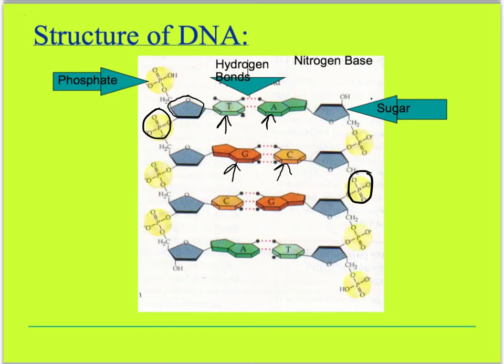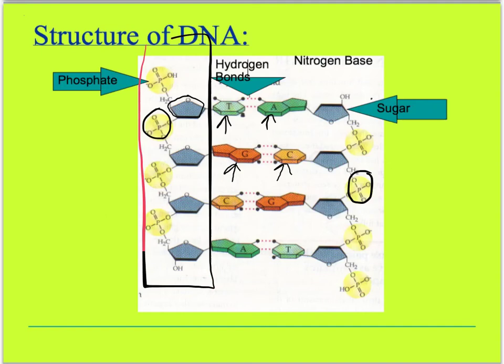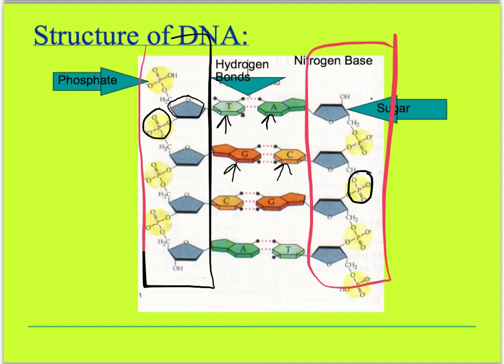When describing the structure of DNA, a lot of times people refer to the phosphate and sugar groups as a sugar-phosphate backbone. So on either side, you have a sugar-phosphate backbone. And you can think of the nitrogen bases, if this is a ladder, as the rungs of the ladder.